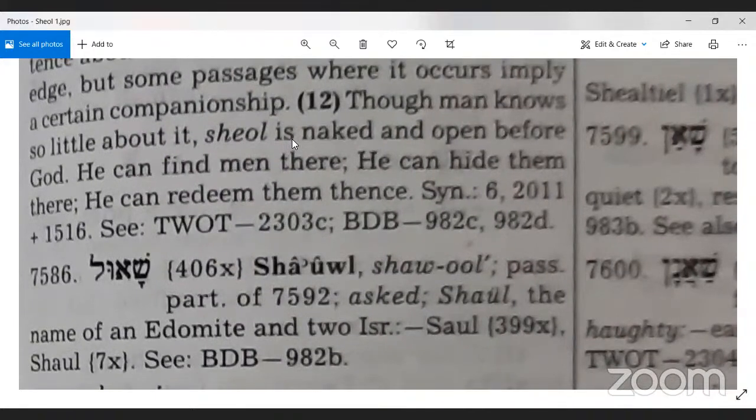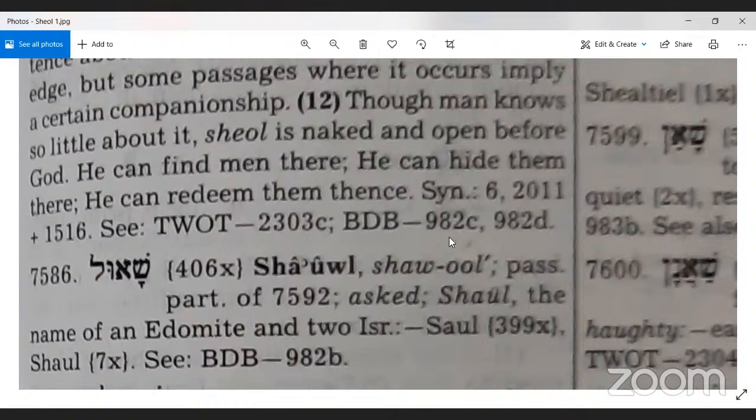Though man knows so little about it, Sheol is naked and open before the Most High. He can find men there. He can hide them there. He can redeem them thence. Is that synonymous with Strong's number 211 through 15, 16? Yes, also 15, 16.